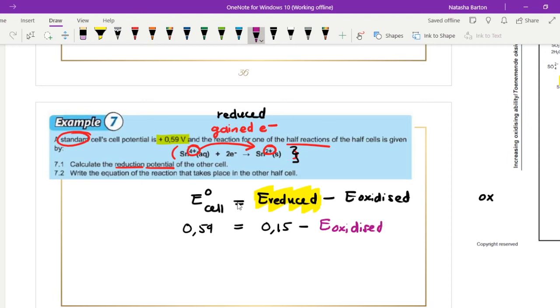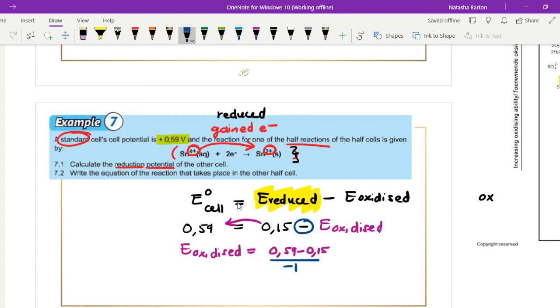oxidized. So solving, we get E oxidized is going to equal, firstly guys, we move that over. So we get 0.59 minus 0.15. Then we need to get rid of the negative, so we divide both sides by -1.